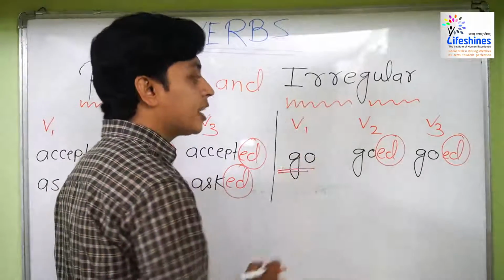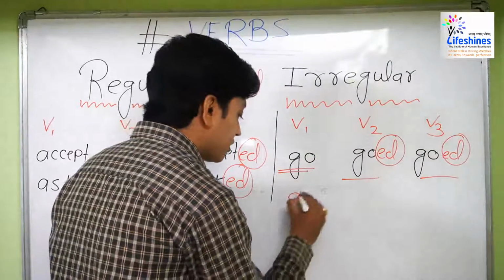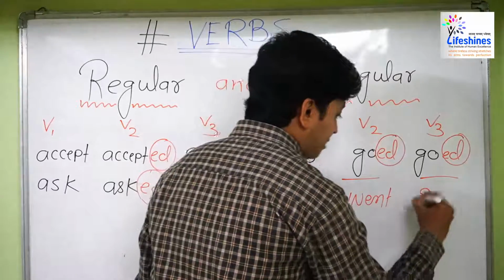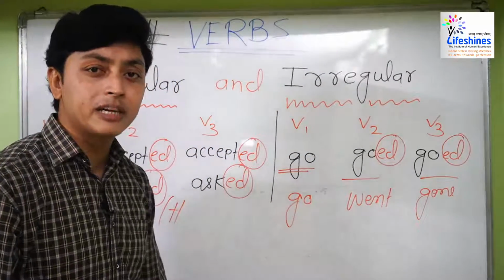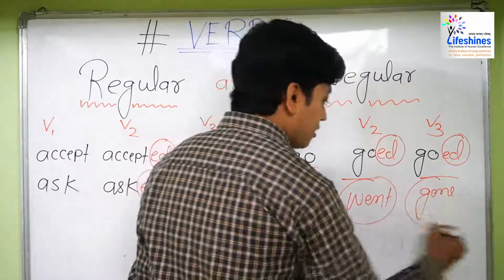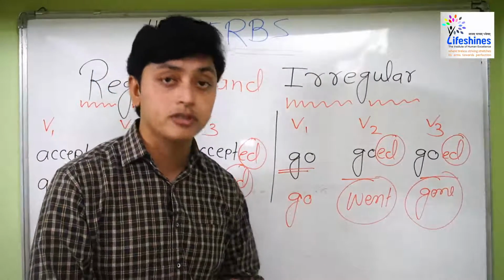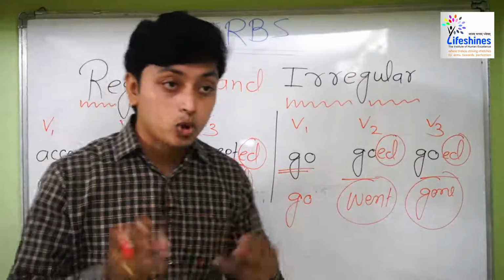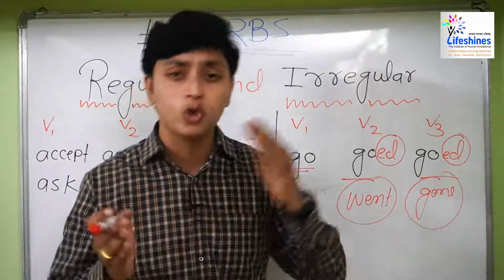As this is an irregular verb, the second and third form you must know. What is that? Go, went, and gone. Did you see how unpredictable this is? We never know where these words have come from. But most often when we speak, we have a lot to do with our past.